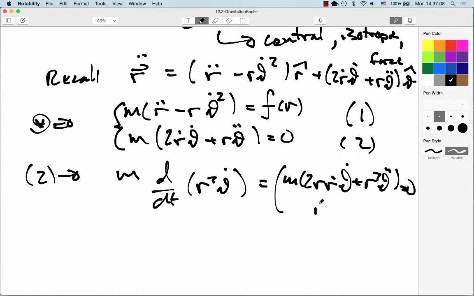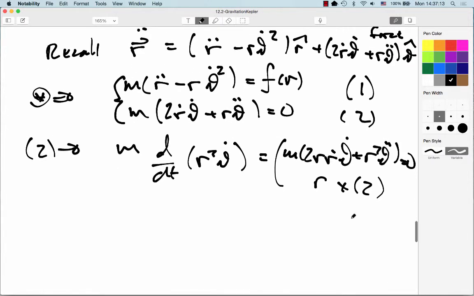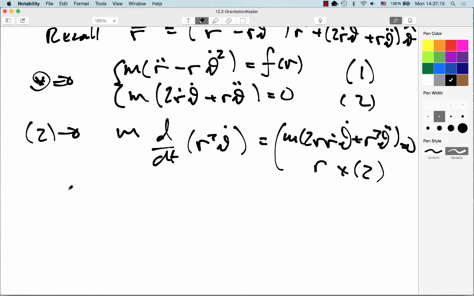That's actually equal to r times equation 2, but whatever, it's equal to 0. So the key thing here is that m times r squared theta dot is equal to a constant. So let's call that constant the angular momentum L, because that's what it is.